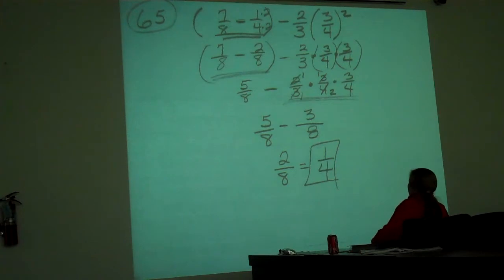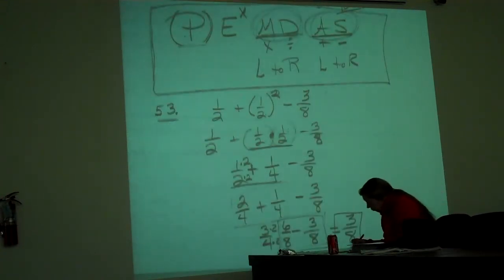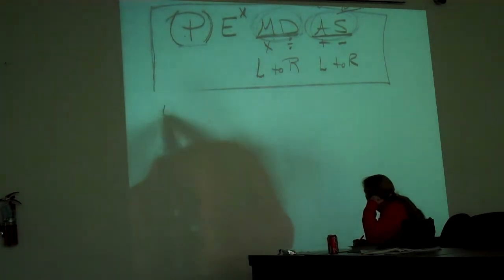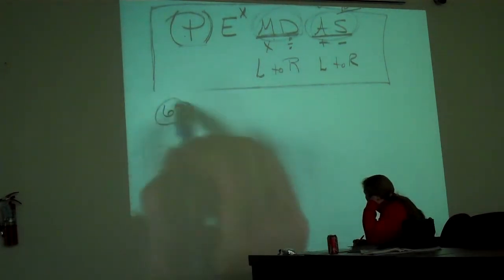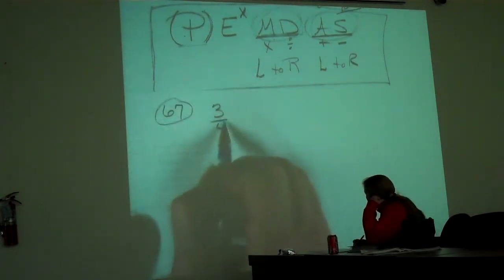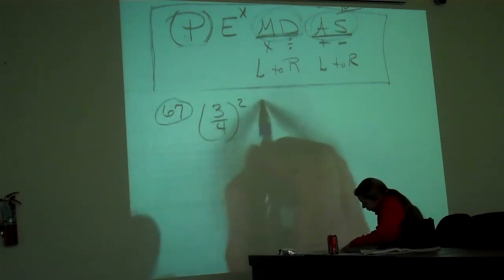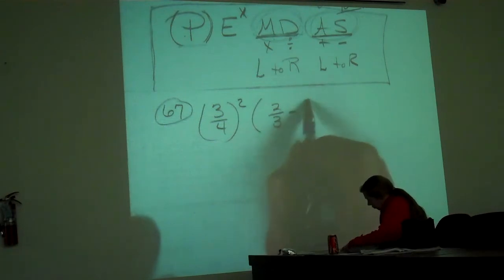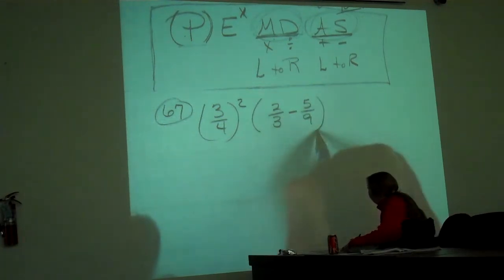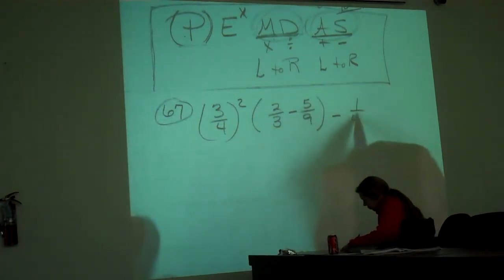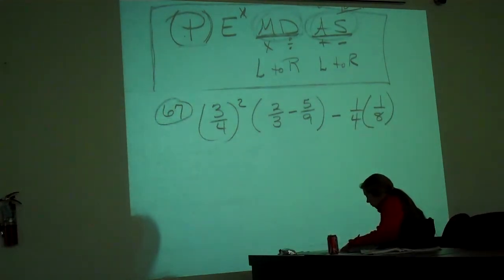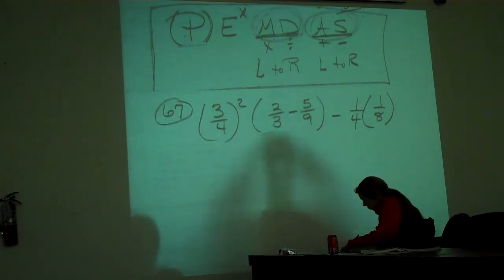And number 67. We have 3/4 squared. Then in parentheses, we have 2/3 minus 5/9 minus 1/4 times 1/8. The only thing in parentheses that has work to do is this one, right?